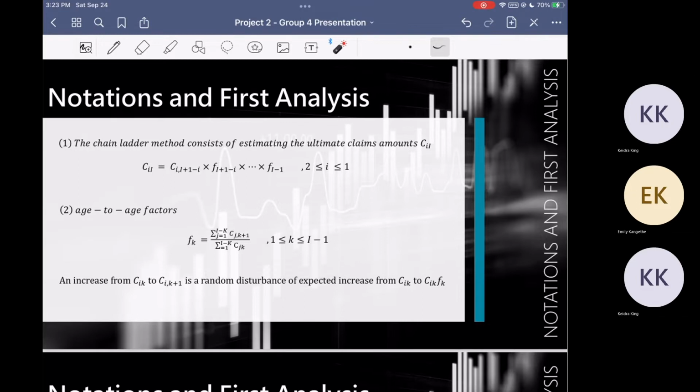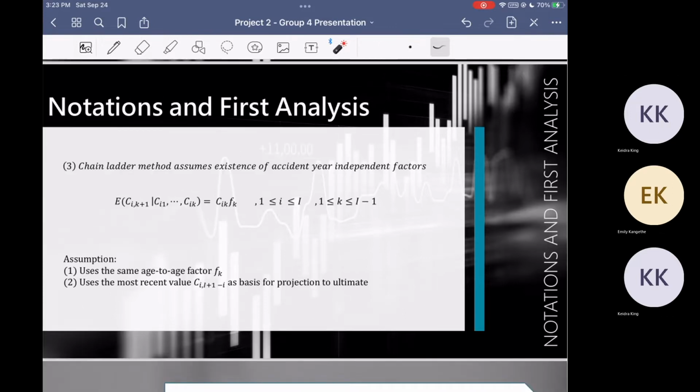An increase from C_ik to C_i,k+1 is a random disturbance of the expected increase from C_ik to C_ik f_k. And another formula says the chain ladder method assumes the existence of accident year independent factors.